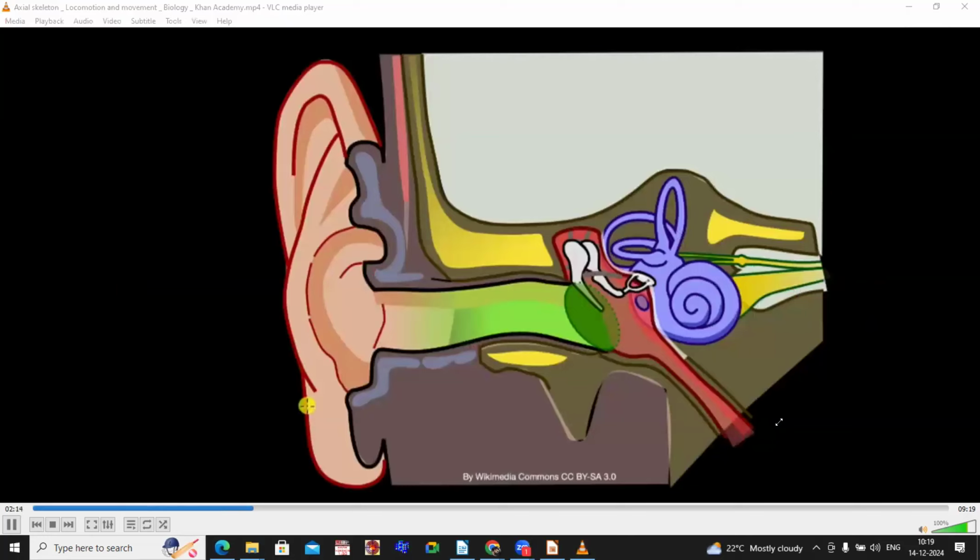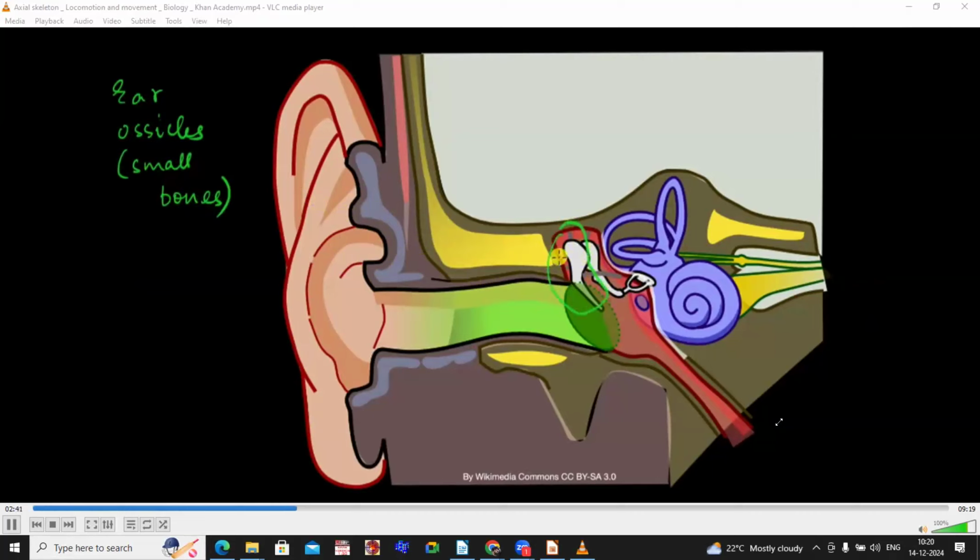So this is our external ear, and if you go inside, here is the middle ear, and here are the ear ossicles. Ossicles are nothing but small bones. They are really, really small, as you can see. So what are these bones called? You might have studied them in a lower grade.